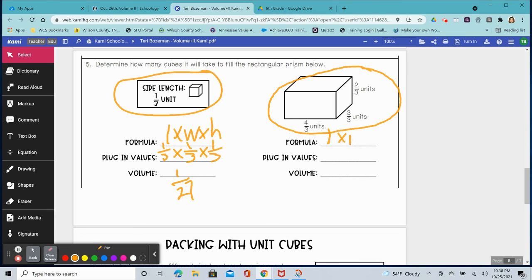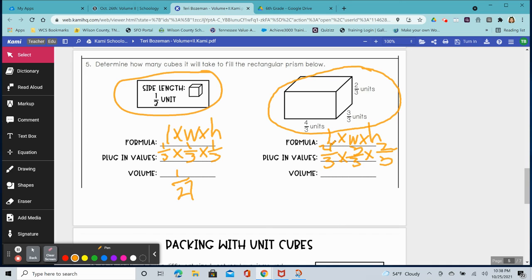Length times width times height. So we want to do that one next. We want to do 4/3 times 3/3 times 2/3.